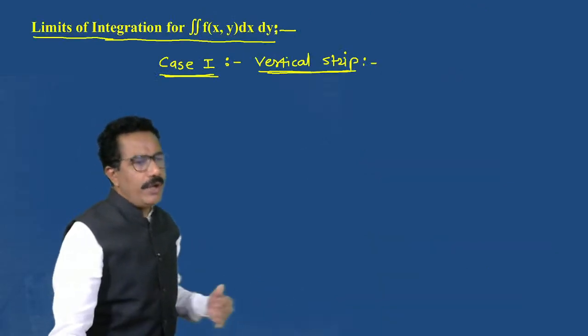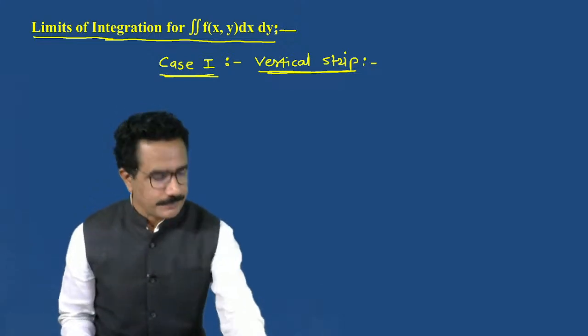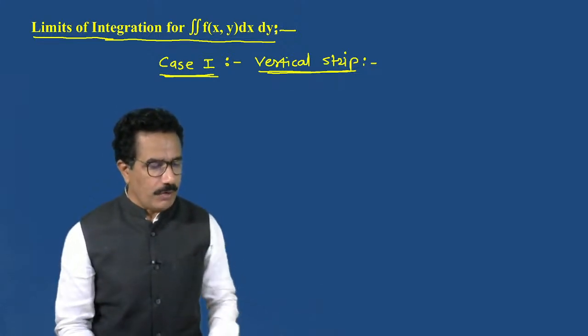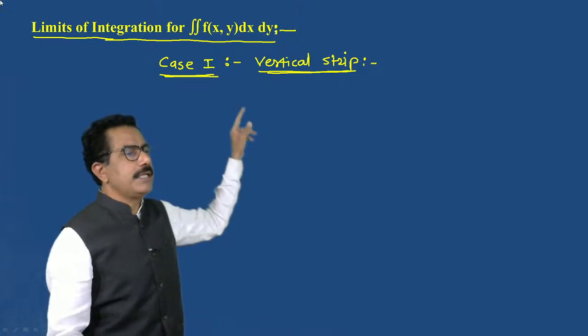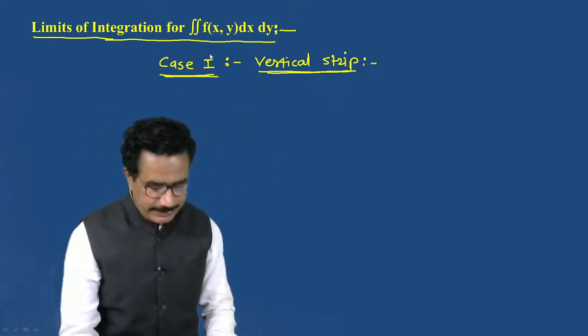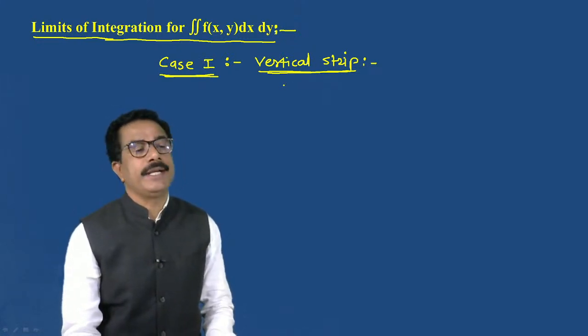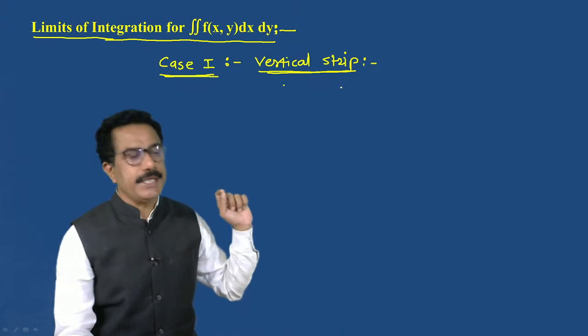Okay, now how we can take the strip we shall discuss here. According to the theorem we have proved, the strip limits of the integral for the double integral f of x comma y dx dy. So how we can find the limits of this integral?